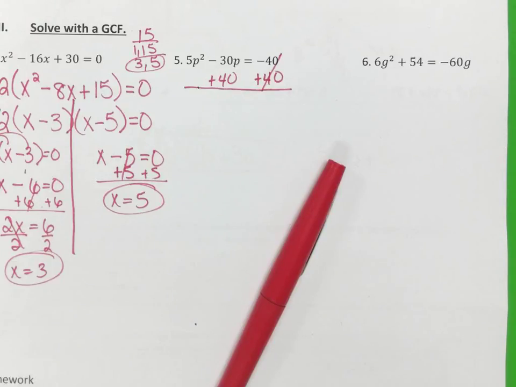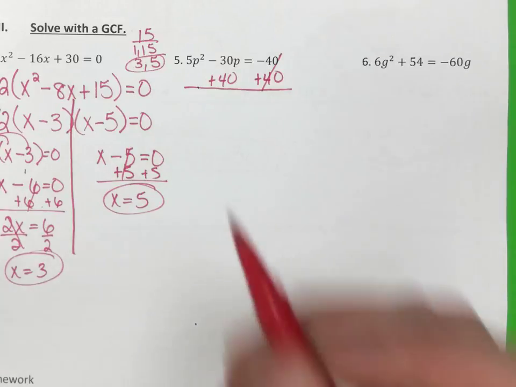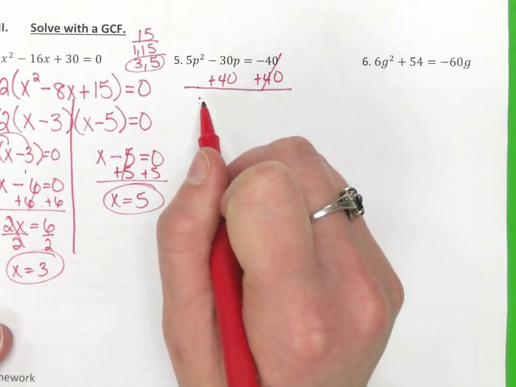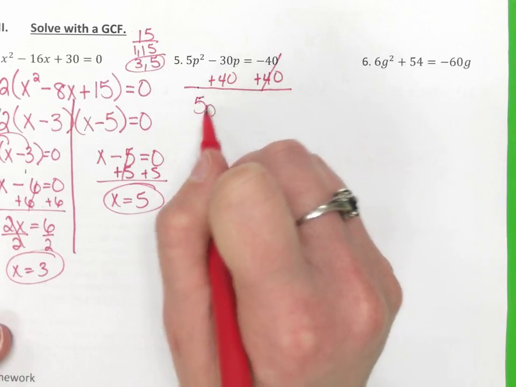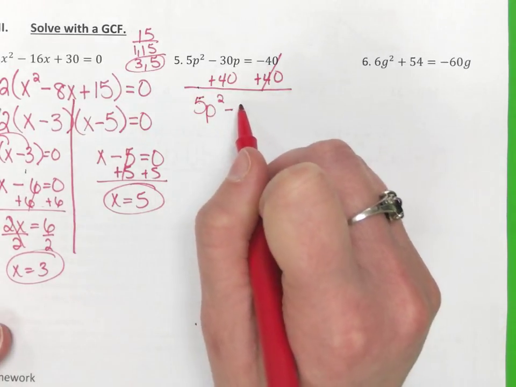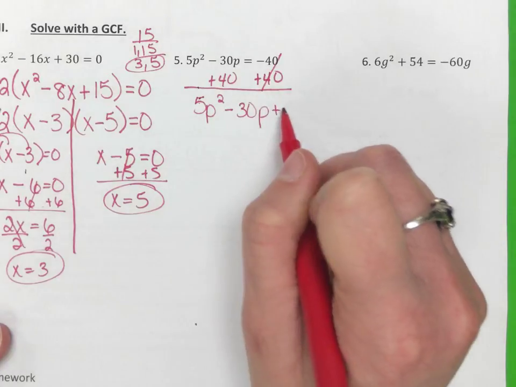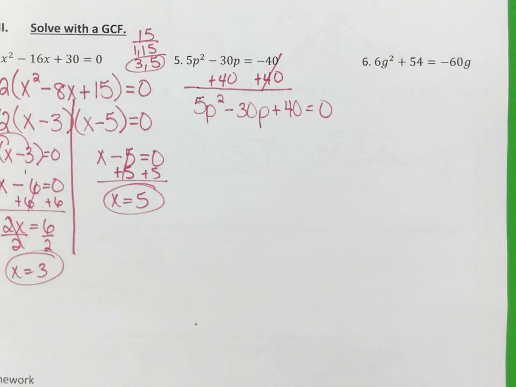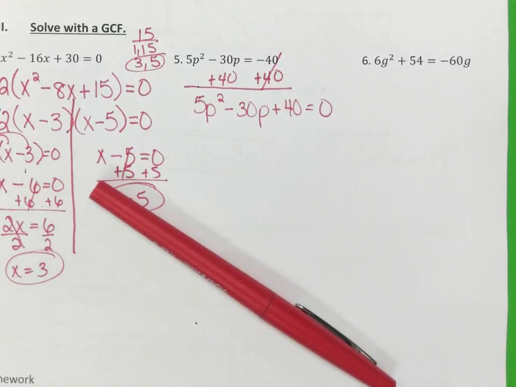So what are you going to write first? 5p squared minus 30p plus 40 equals 0. Perfect. Got it all right? Do that for me real quick. Add that 40 over.